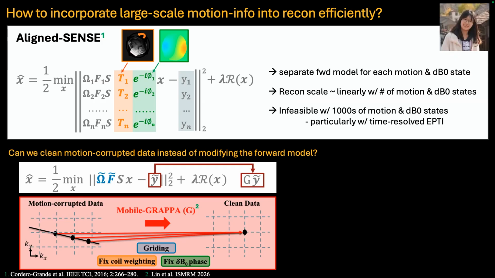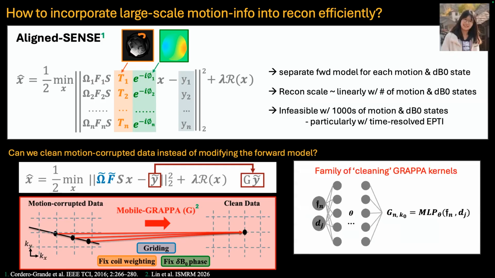We just need a family of them, and we know how to do that. So we have a family of cleaning GRAPPA kernels that we can train in a few seconds and then apply quickly, probably about 10 seconds per acquisition. It's a 3x1 kernel. It has negligible g-factor noise because you're just using it to do smooth field change correction. And then the recon time will become essentially the same as in the motion case.